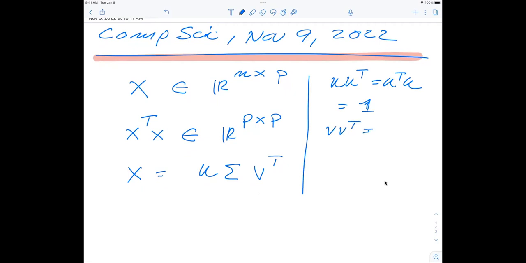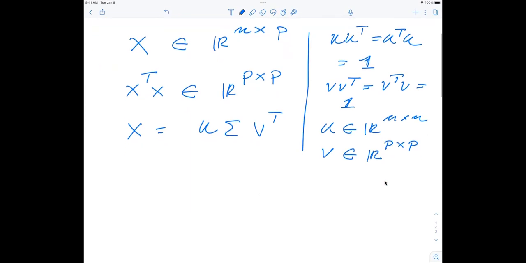And V times V transpose is also equal to the identity matrix. The matrix U has dimensionality n times n, and V has a dimensionality of p times p. So these are square matrices and unitary matrices, orthogonal matrices.